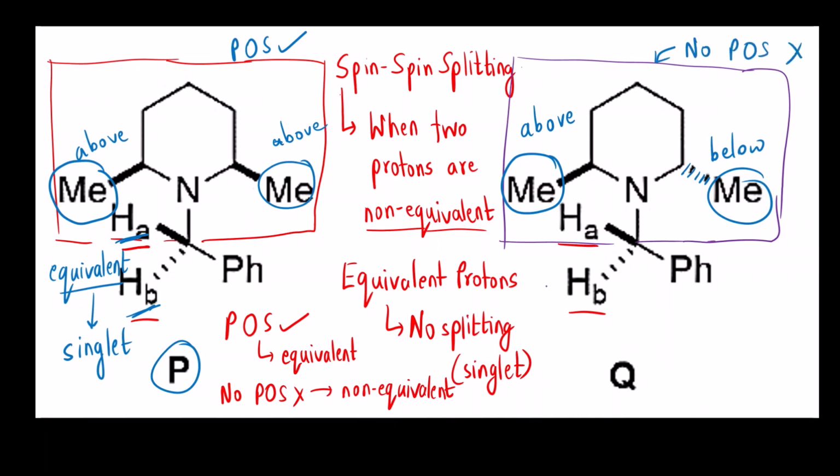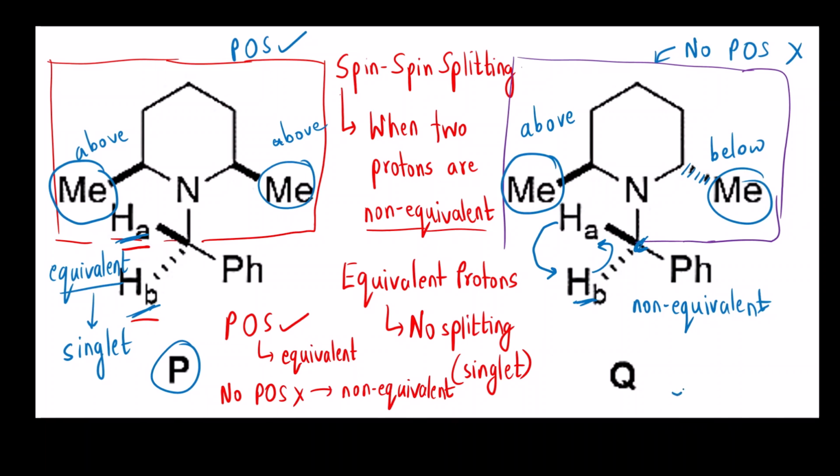Since the plane of symmetry is not present, these both are non-equivalent protons. And such protons, when they are attached to a single carbon like this, what we get is that HA will split the signal due to HB, and HB will split the signal due to HA.